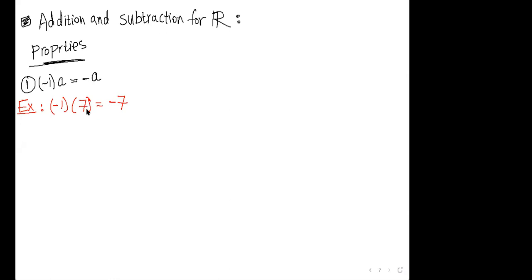Same thing for any real number A here, A is a real number. R here means the real numbers. Okay.